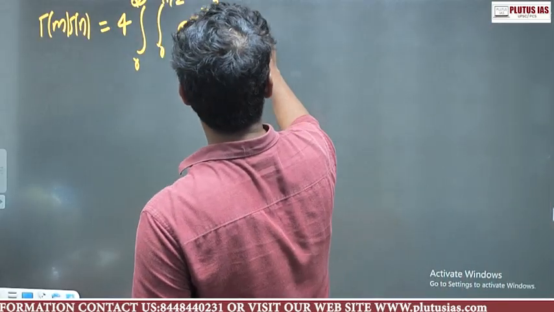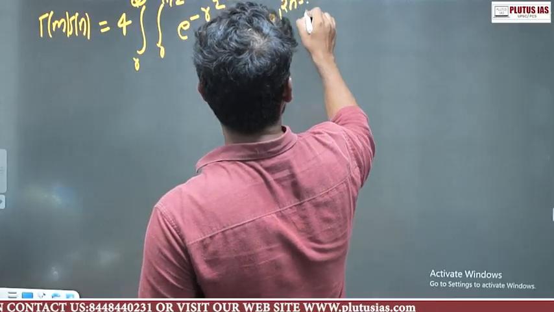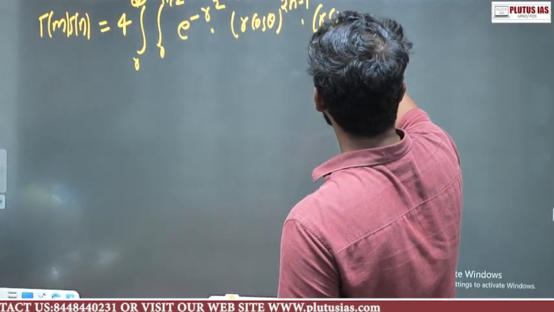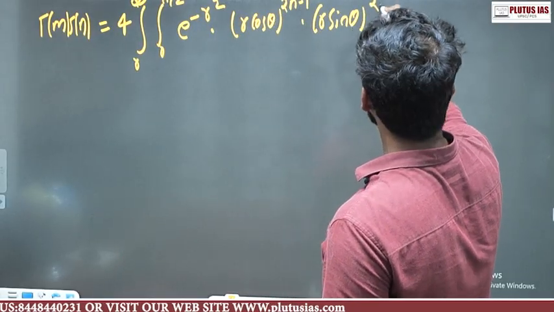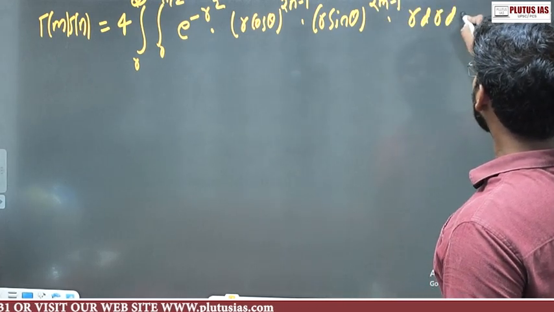So it will be r cos theta to the power 2n minus 1, r sin theta to the power 2m minus 1, into r dr d theta.